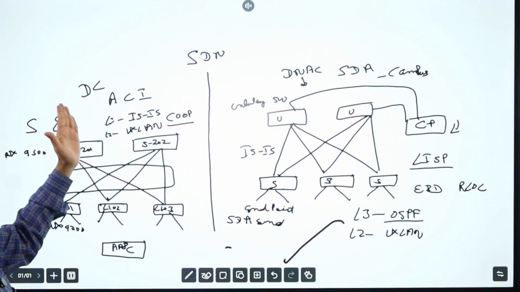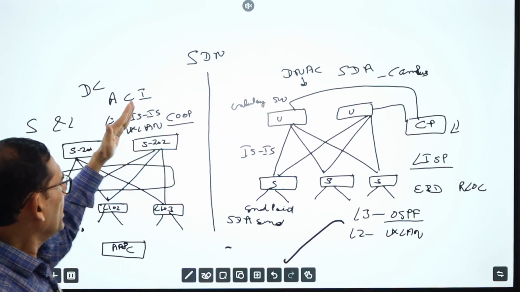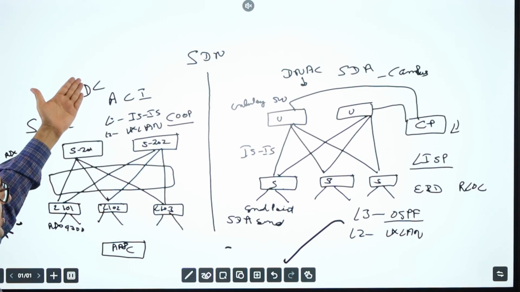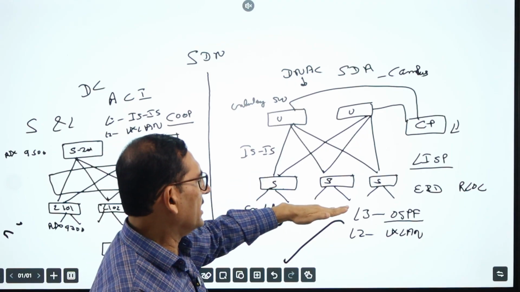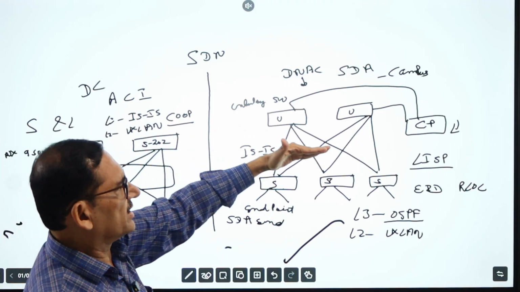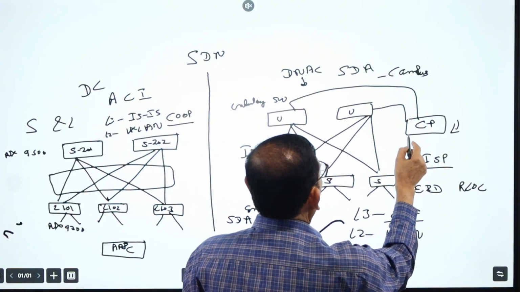So this is the thing. What we have is ACI for the data center and DNAC for the campus network. ACI recognizes our servers, which servers we are using for our data center functionality. In DNAC, we are recognizing endpoints. Certain protocols are fixed here. We have the flexibility. Here we have the design part. We can remove this underlay directly.